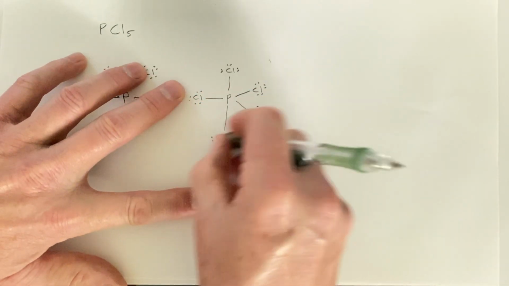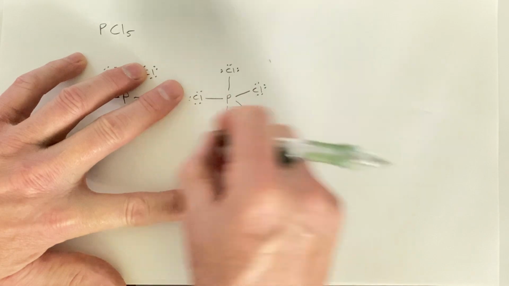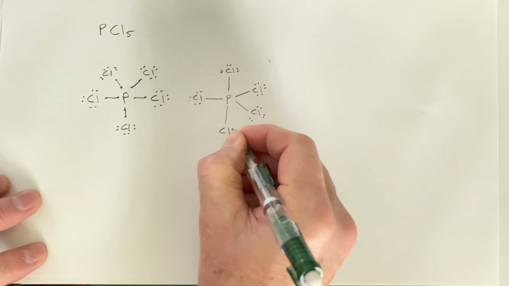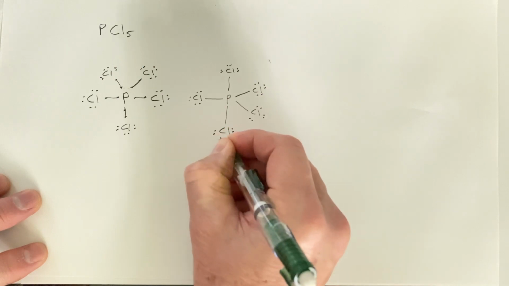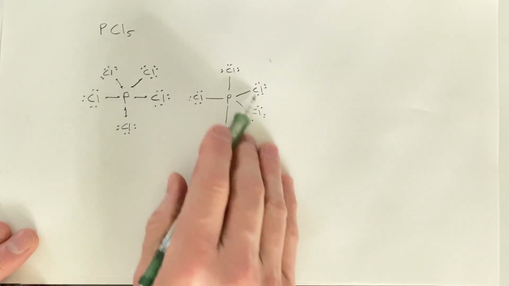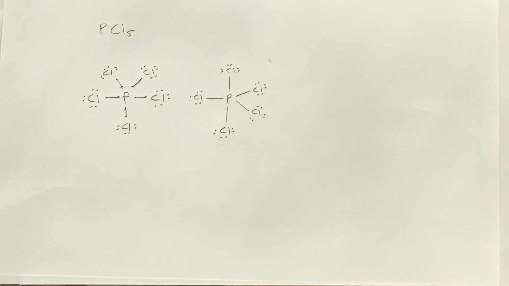And I will shorten this bond to make the drawing a little more symmetric. In this electron geometry, and the molecular geometry in this case, is called trigonal bipyramidal.